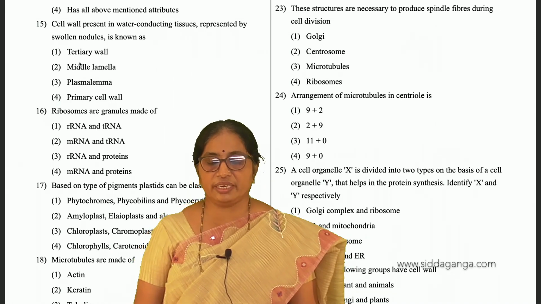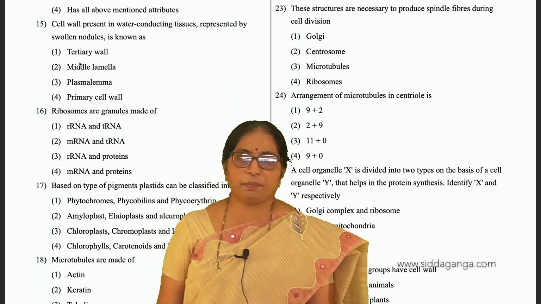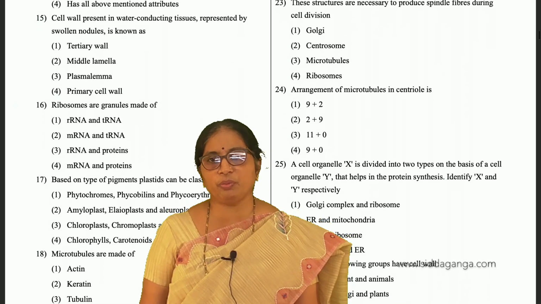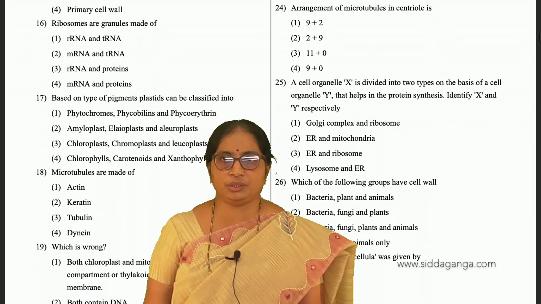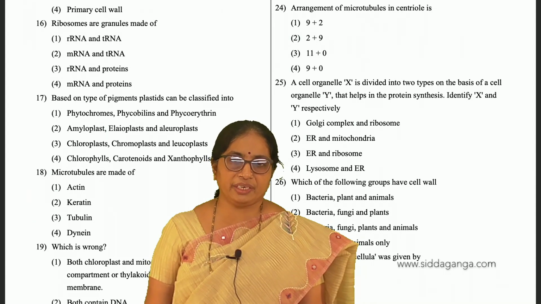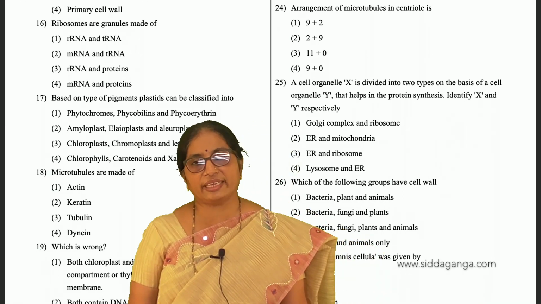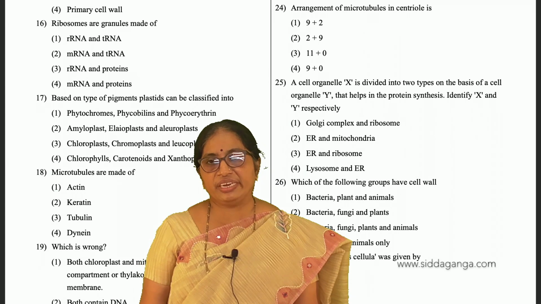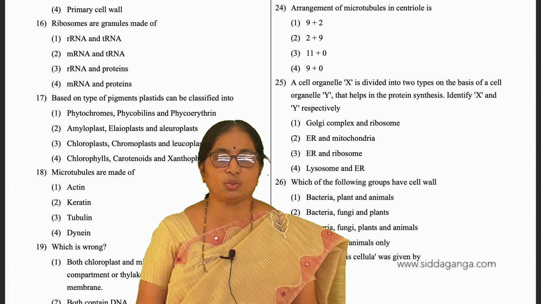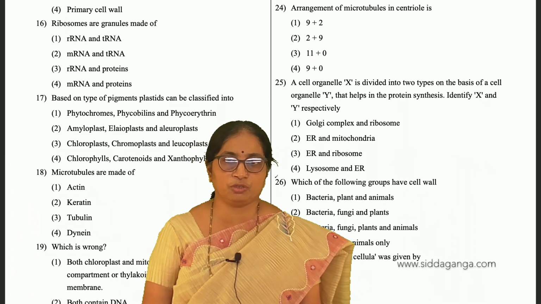Next, one of the functions of microtubules is that it produces the spindle fibers. Next, arrangement of microtubules in centriole is. So in the peripheral region of the centriole, the centriole has a cartwheel-like structure, and centrioles are present only in animal cells and absent in plant cells.